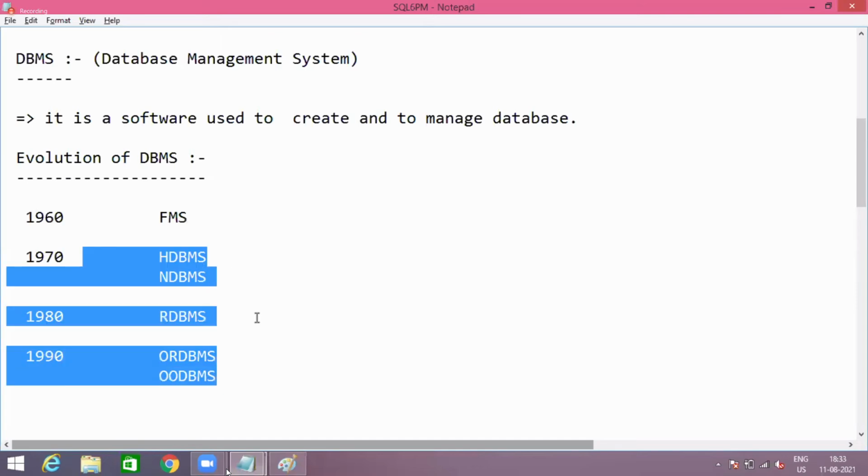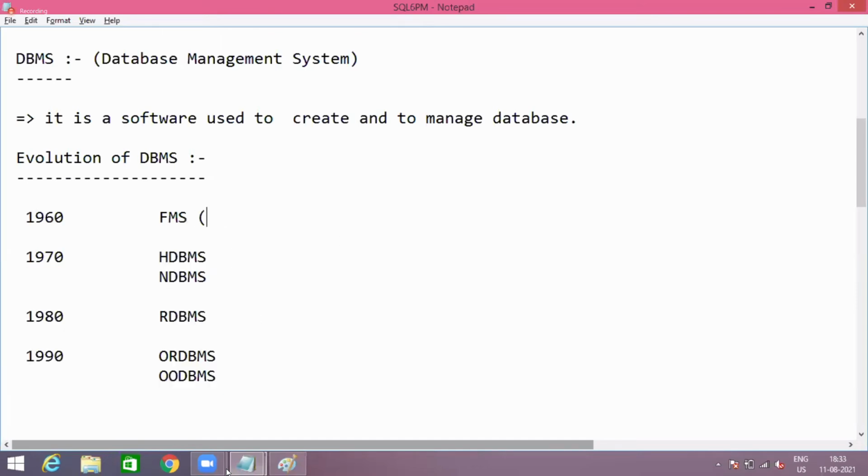What does FMS stand for? File Management System. What does HDBMS stand for? Hierarchical DBMS. What does NDBMS stand for? Network DBMS. What does RDBMS stand for?